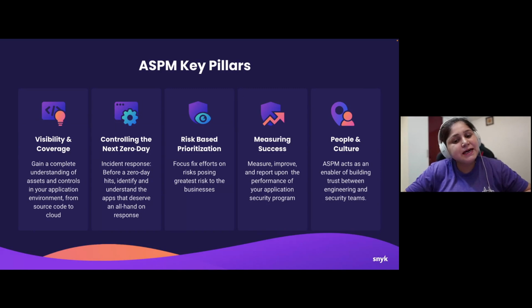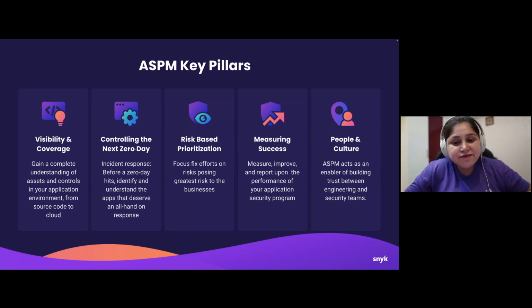But before that, let's understand the AppSec or ASPM key pillars. And here's what you can see, that there are 5 pillars or principles that we have mentioned. The first is visibility and coverage. This is to better gain a complete understanding of assets and controls in your application security environment, from source code to the cloud. Second is controlling the next 0 day, and this is more important around incident response and the playbooks which are there.